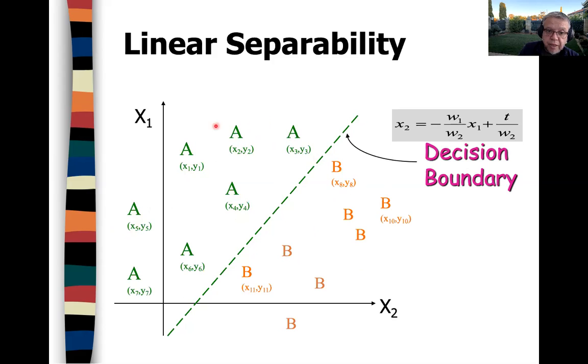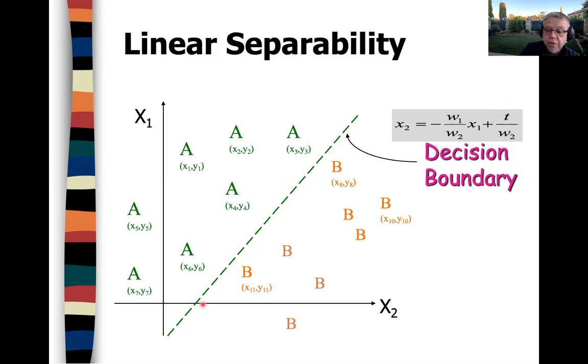We can separate class A from class B just by drawing a line. If this is x1 and x2, the decision boundary is given by this function here. And these are the weights of your perceptron, W1, W2, and you have your threshold or your bias.